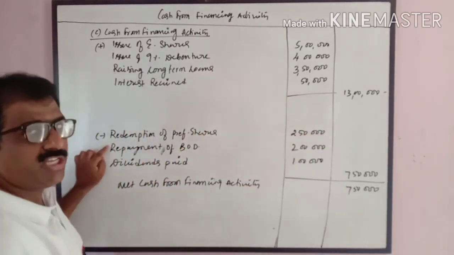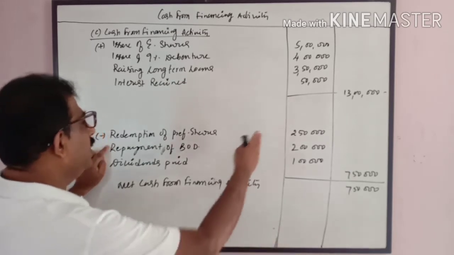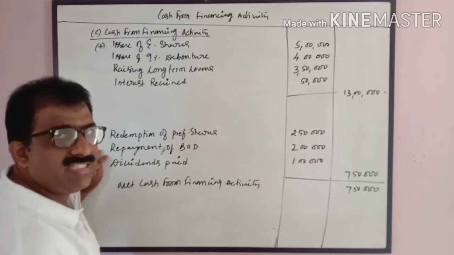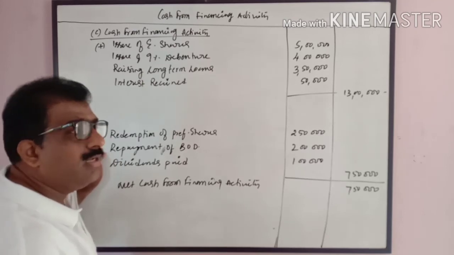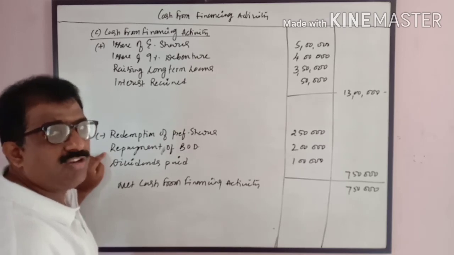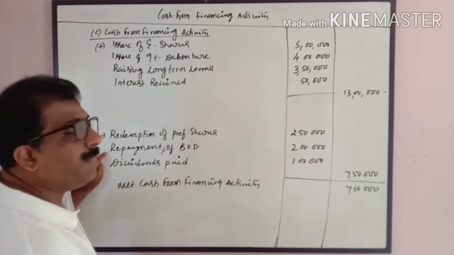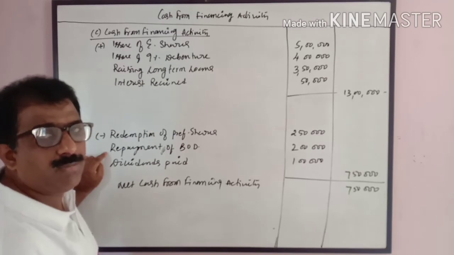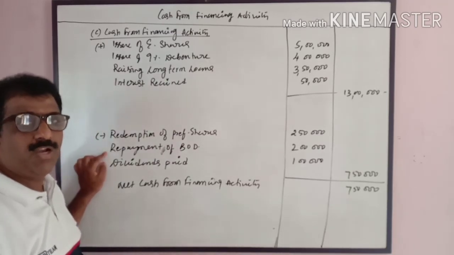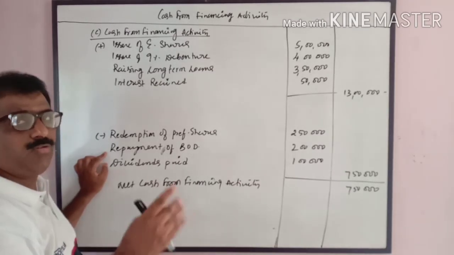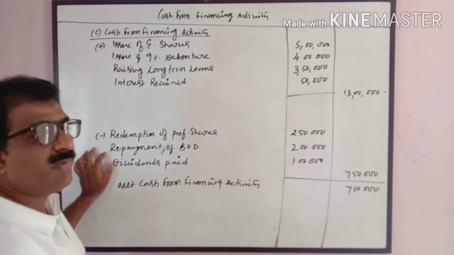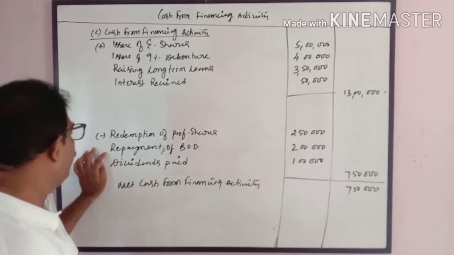Redemption of preference shares means repayment, cash goes out 2 lakh 50. Repayment of bank overdraft, either you can consider this as a current liability or long-term liability, since there are a lot of arguments for and against bank overdraft. Some authors say it is a long-term liability, some say it is a current liability. Now only this part is asked, so I will consider bank overdraft as a long-term liability, and repayment results in outflow of cash.